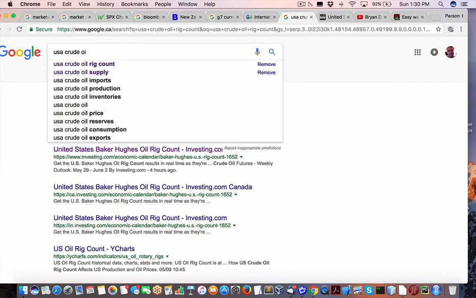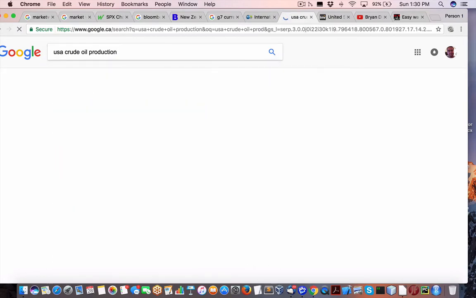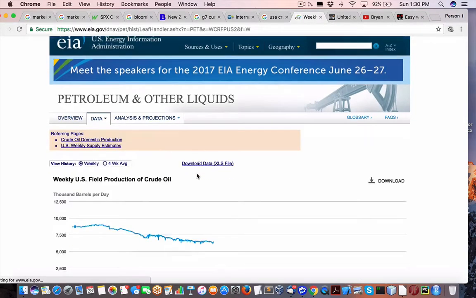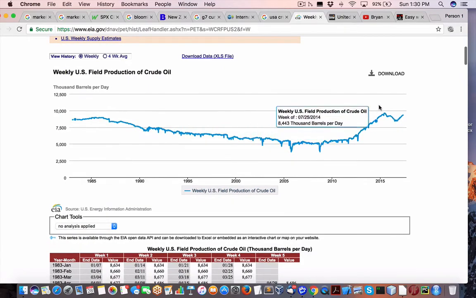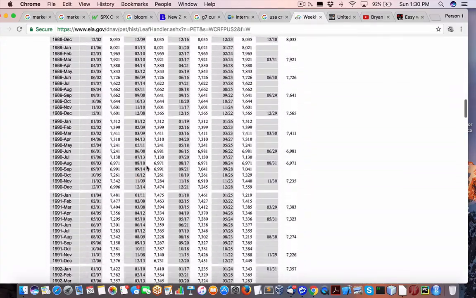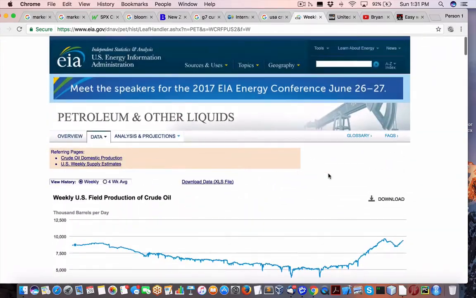So U.S. crude oil production. EIA, yes. So we have here, this is now the EIA. So you can see here, oil is starting to go up. That's how much drilling is going on in the U.S. And they're the real card that really impacts oil price because of the global oil supply.